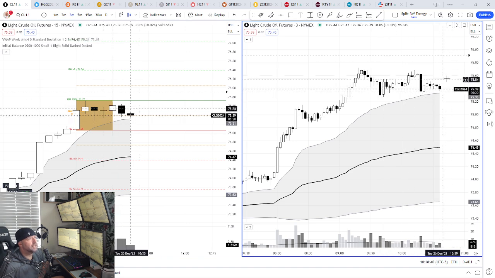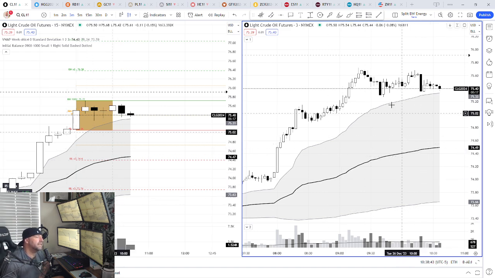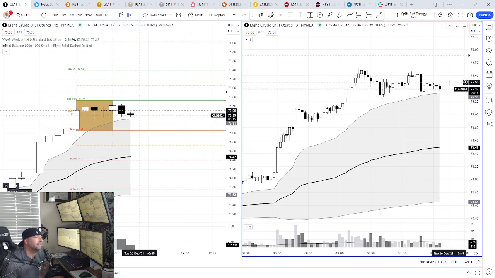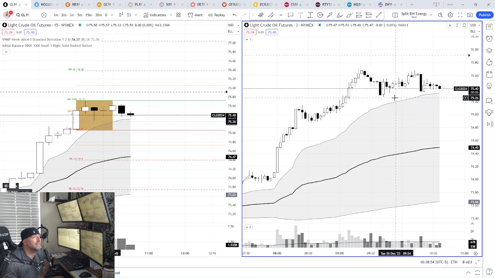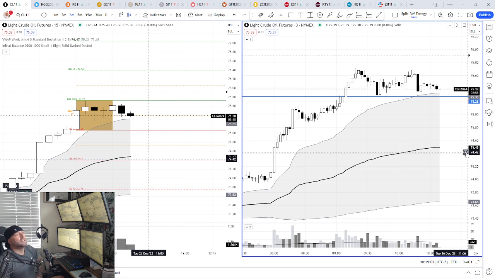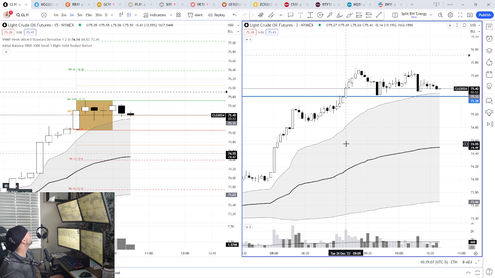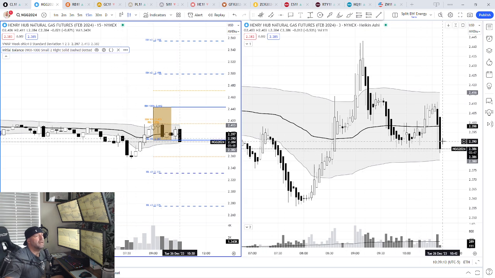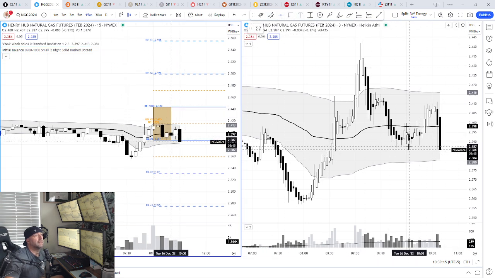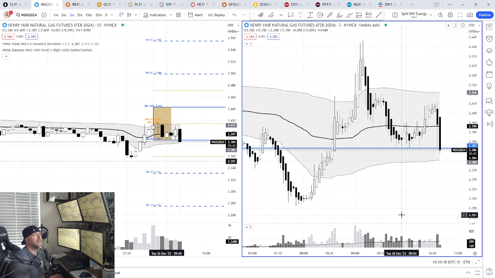You know, is this a short or are we just going to keep trading in this range? What I don't like doing is shorting into the bottom of these ranges. Even if we broke value area high, we got this clear support and resistance level. So we'll see what it does there. But either way, we're trading in balance. Nothing that exciting. Natural gas breaking below IB low here at the value area low.